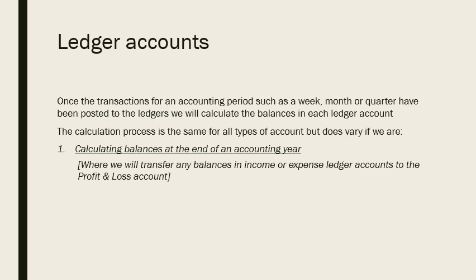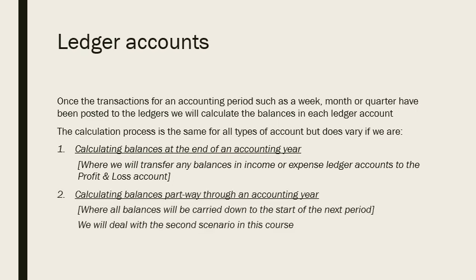If that's the case, then we've got to take care to transfer any balances in the ledger accounts that represent types of income or types of expense to our profit and loss account, or if we're calculating balances partway through an accounting year, we will simply carry balances down to the start of the next period for all of the different ledger accounts. Now, I appreciate that might not make too much sense until we've seen one or two examples.